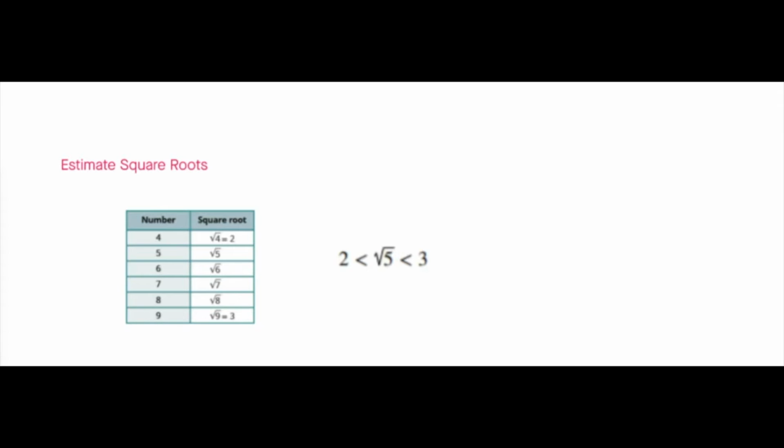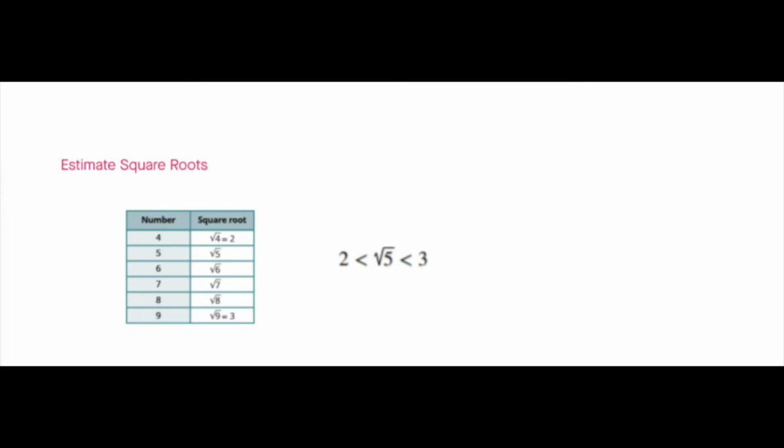Estimating square roots. If the square roots of some numbers are integers, then we could say that those squares are perfect squares. So here, since 4 and 9 give us integers like 2 and 3, we could say 4 and 9 are perfect squares. We can estimate the square roots of these four numbers by setting up an inequality.